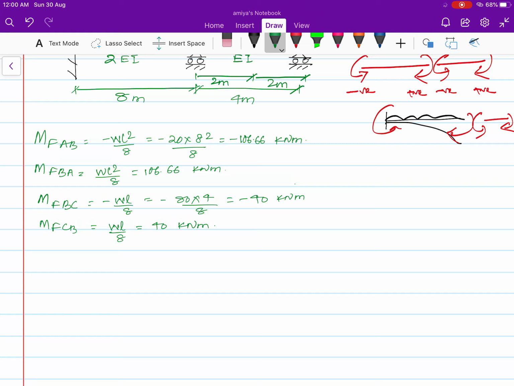This is required because the slope deflection equation consists of fixed end moment, the rotation and our sinking support.